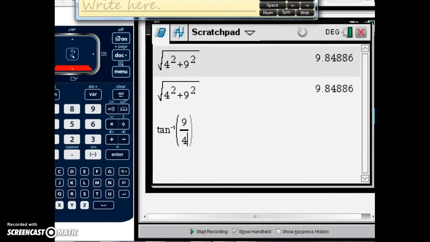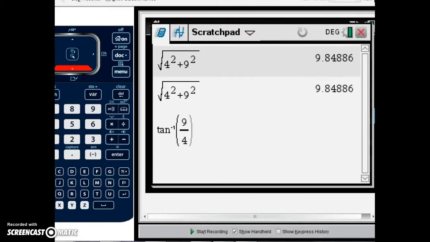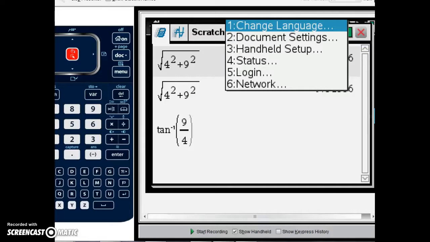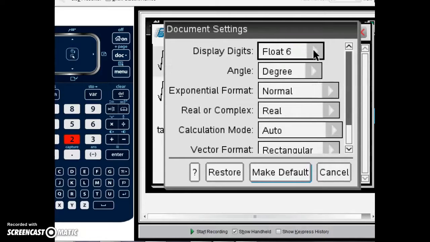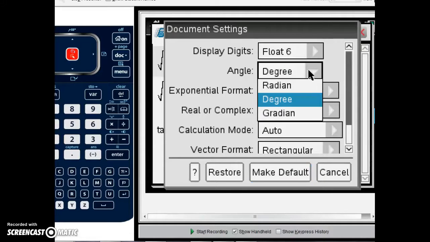If you look over here on our calculator, we need to scroll up and make sure we're in degrees. In this case, I'm already in degrees. But if it had RAD, that means radians. We need to get it out of radians. What you would do is push in right at the battery, go down to document settings, and there are options right here for degrees.